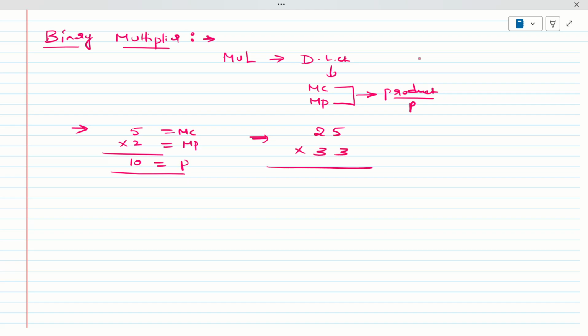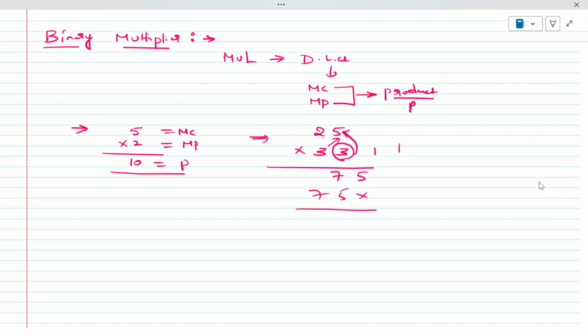To multiply this one, first the multiplier's last digit can be multiplied with all digits of the multiplicand. So 3 5s are 15, 3 2s are 6, 6 plus 1 is 7. Then shifting by one position, 3 5s are 15 again, 3 2s are 6 plus 1 is 7, 75 and 75.